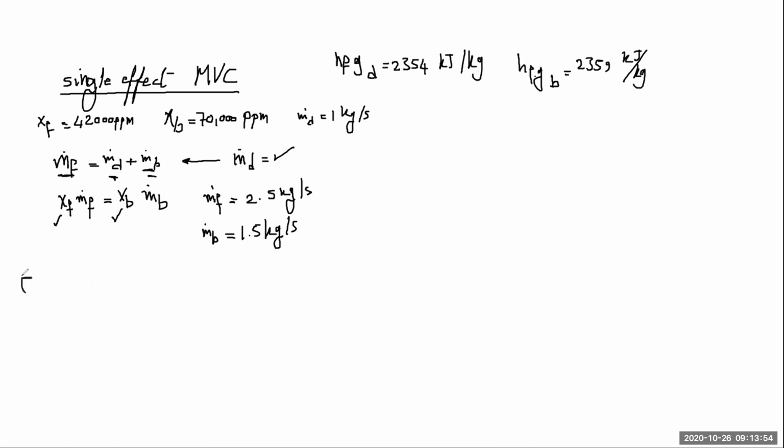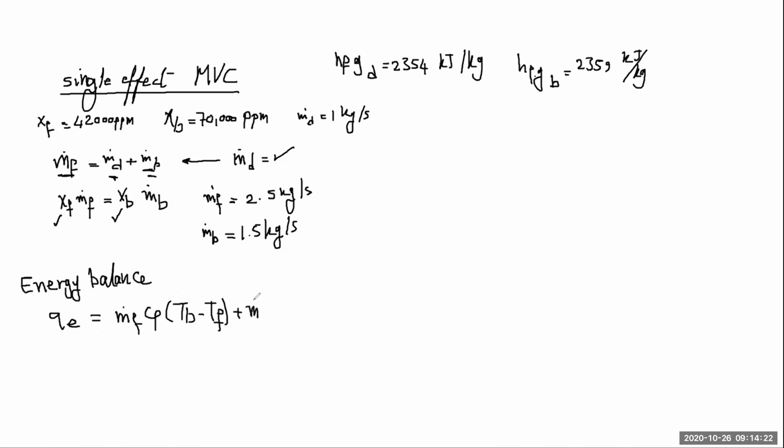Then, when we need to talk about the energy balance, we are going to start with, so here I'm going to say energy balance. Then Q in the evaporator is basically, remember, in the evaporator we have the feed coming, the feed flow rate, and the feed flow rate is sensibly heated from TF to TB.